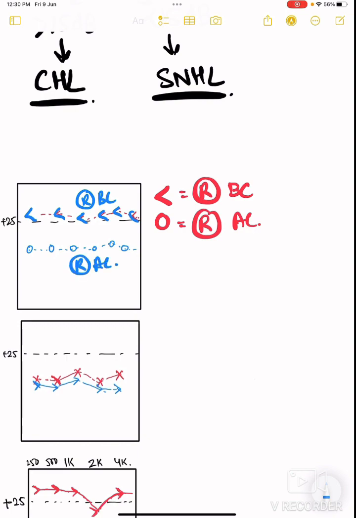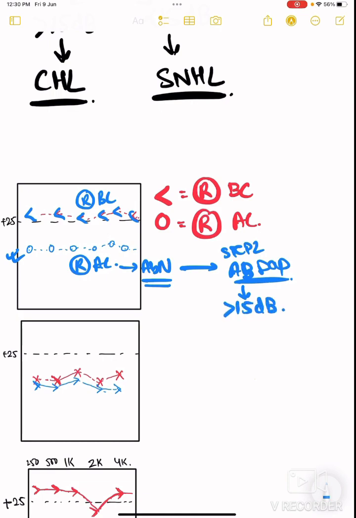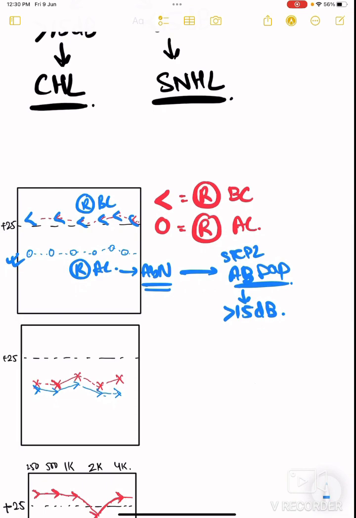This air conduction graph is abnormal, meaning there is some problem. Now we go to step 2. We see the AB gap, the air conduction bone conduction gap, and the gap is of course more than 15 decibels. Although the markings are not given over here, you can still feel that it is more than 15 decibels, meaning this graph is of right sided conductive hearing loss. So this is your answer.